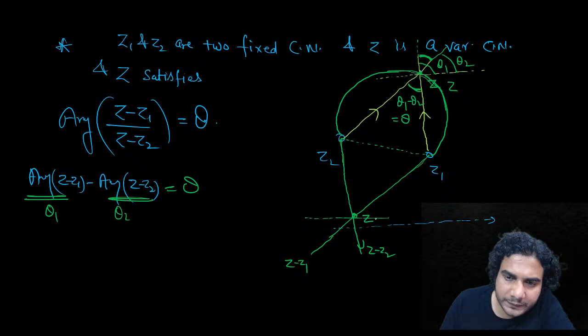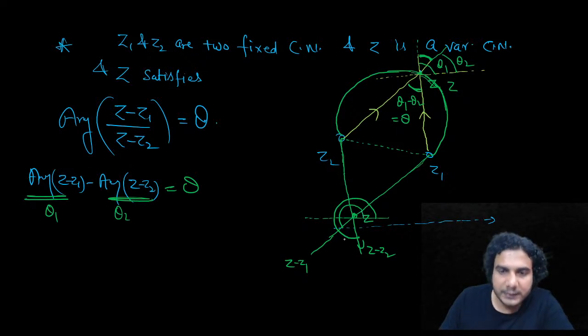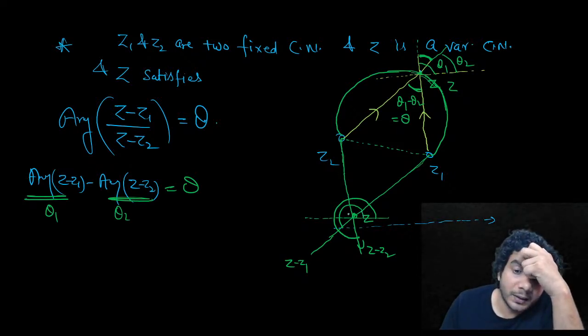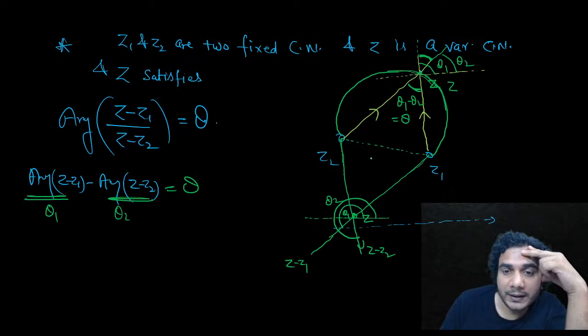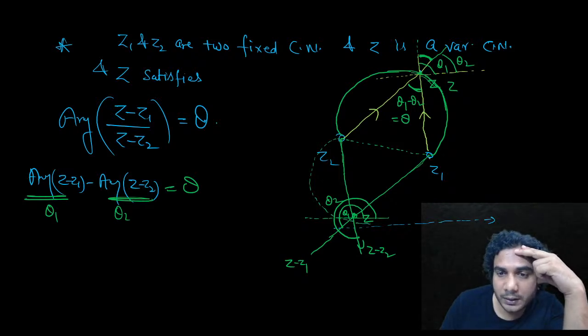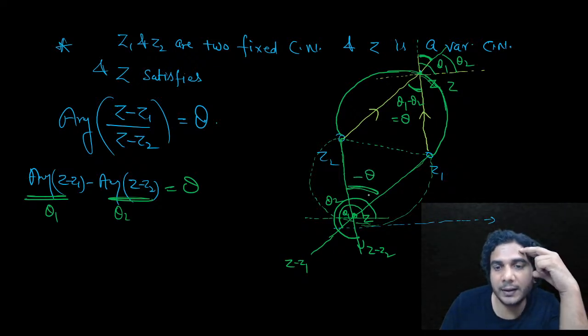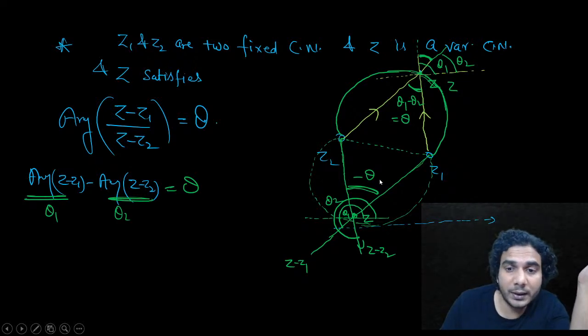Now see, this will be the argument of Z minus Z2, and this will be the argument of Z minus Z1. So which one is greater? Now theta 2 is greater than theta 1, right? So theta 1 minus theta 2 will be basically negative. So if you take Z on this arc, which is downwards, then magnitude-wise this angle will be theta, but it is actually minus theta, because these are vectors, okay?